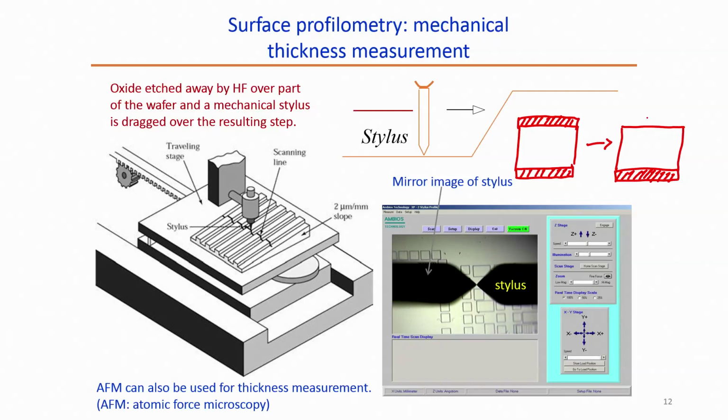I will teach you photolithography in the following lectures. Right now, just see that there is a step. We have removed oxide from this area and we have retained oxide in this area.